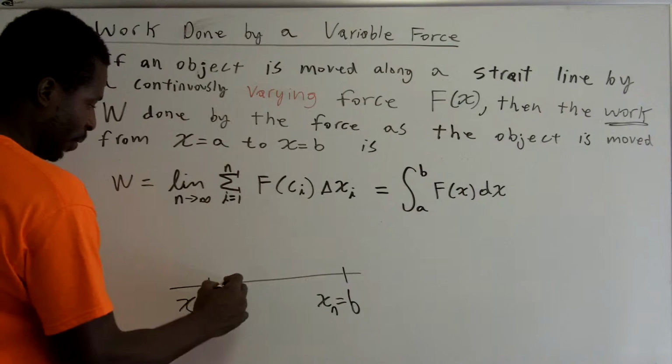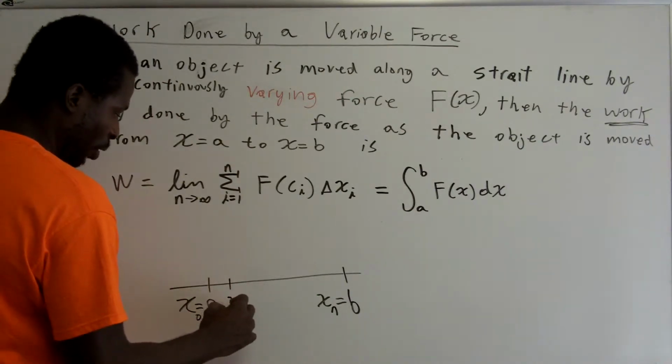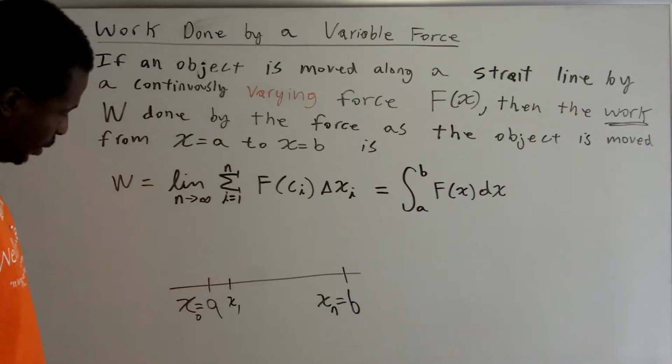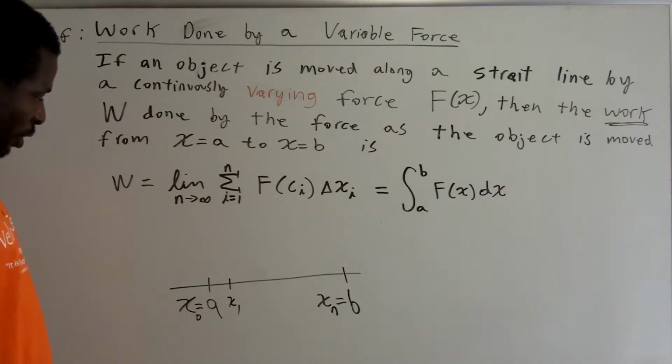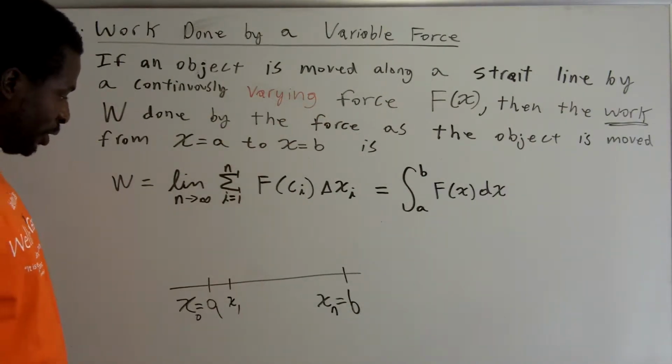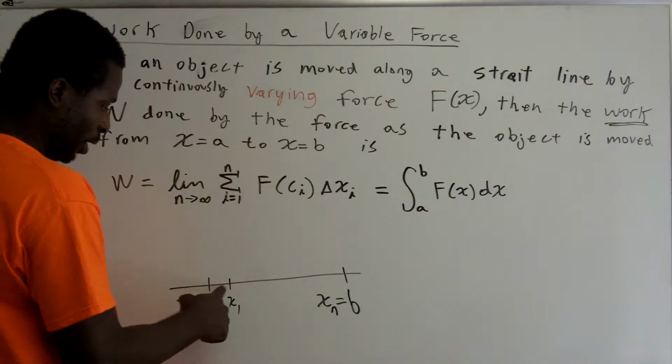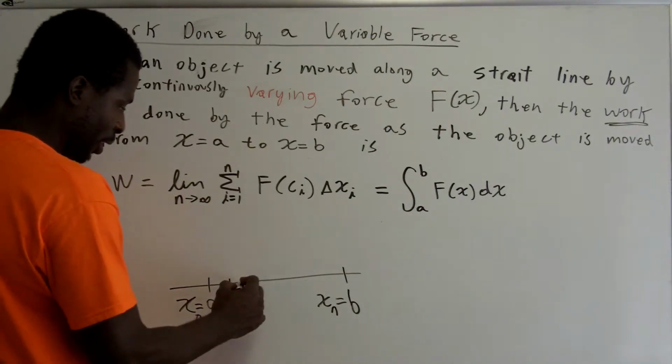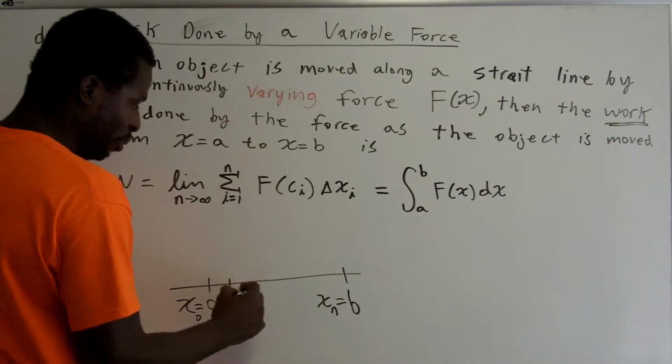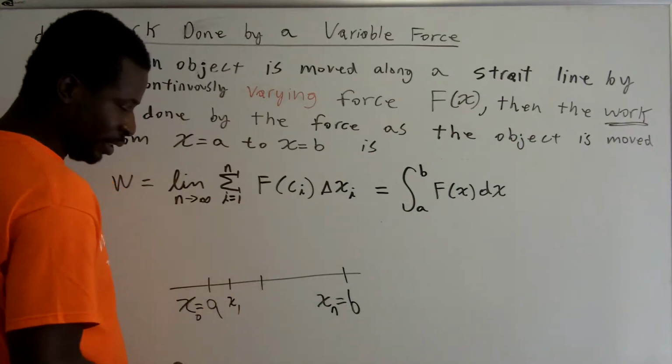So from x0, x1 would be the upper endpoint for my first interval. So I have a lower limit and an upper limit for my first interval. And then my second interval, the intervals don't have to necessarily be equal.